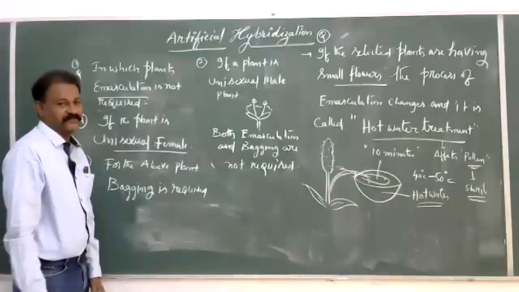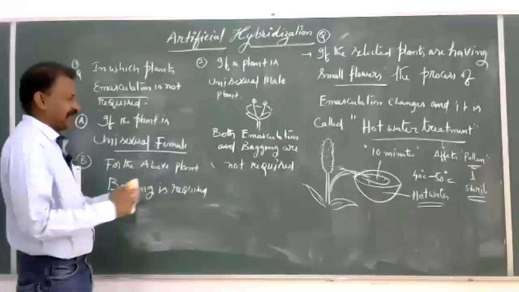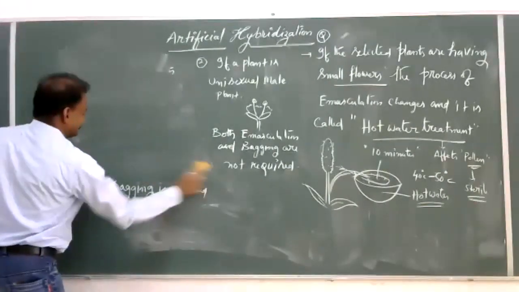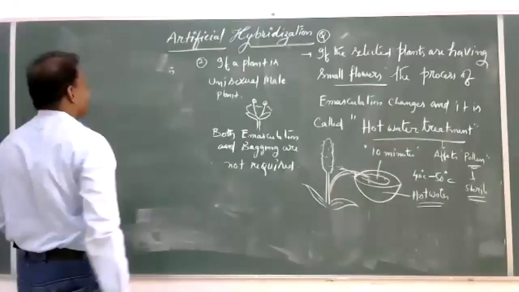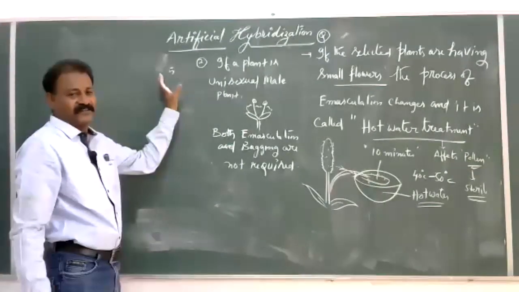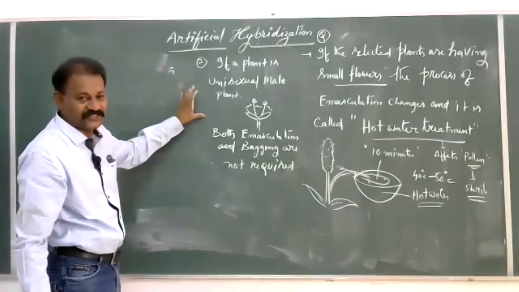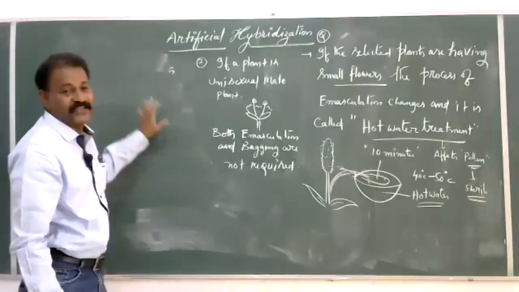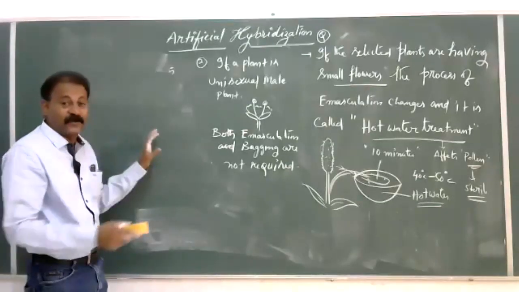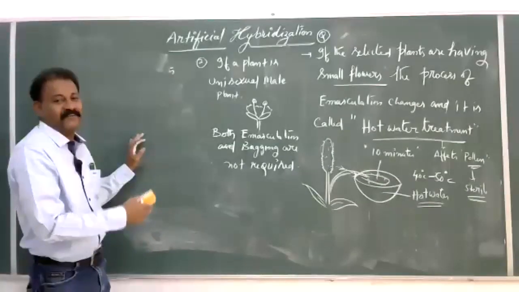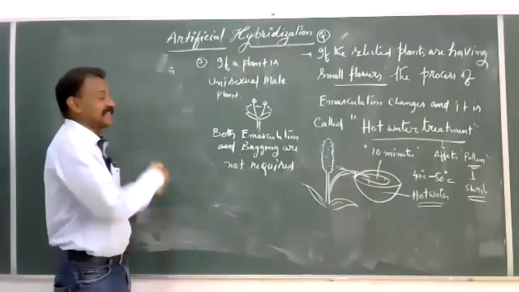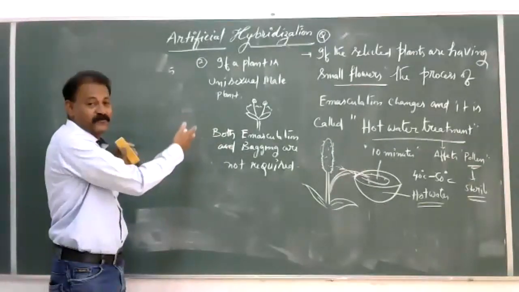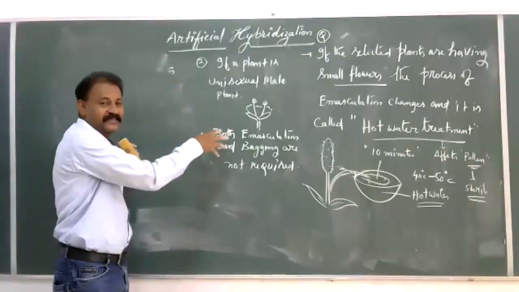Artificial hybridization. Now, we have seen in the classes on sexual reproduction, what is sexual reproduction? What are the two types, asexual and sexual reproduction? Various concepts: in a flower, how many parts are there? Types of androecium. In androecium, the structure of the stamen, filament, anther. Inside the anther, whether it is bilobed or unilobed, dithecous or monothecous, microsporangia, structure, anther wall.